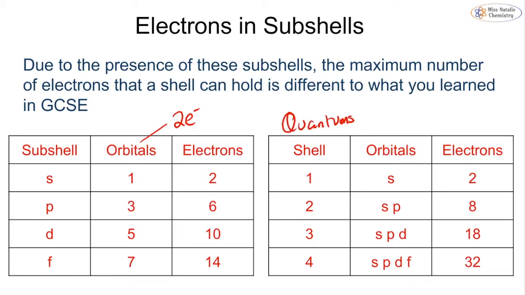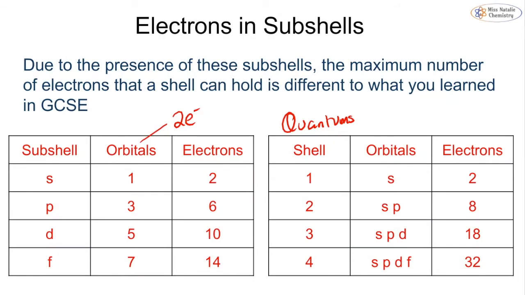Now we can convert that into looking at our quantum shells. Now you learned that energy level 1 holds 2. Now that is still the same. And the energy level 2 holds 8 electrons. Now we know this to be true because it contains an S and a P subshell. Now the difference comes in when we're looking at quantum shell 3 or at the third energy level. This can have an S subshell, a P subshell, and a D subshell.